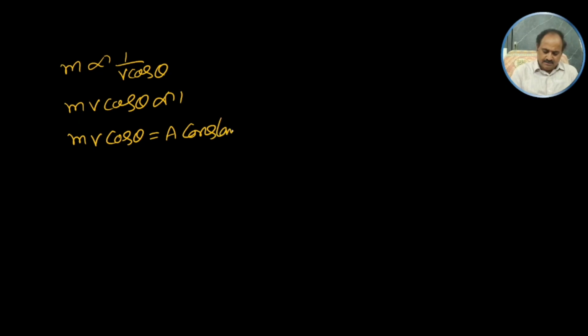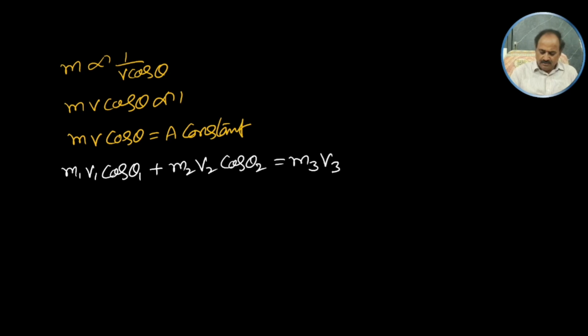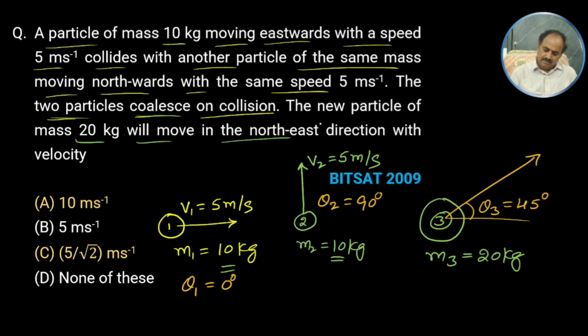That means m1 v1 cos theta 1 plus m2 v2 cos theta 2 must be equal to m3 v3 cos theta 3. From this you can decide the v3 value. Directly you are asked to decide the new particle velocity v3. What is the new particle velocity v3?